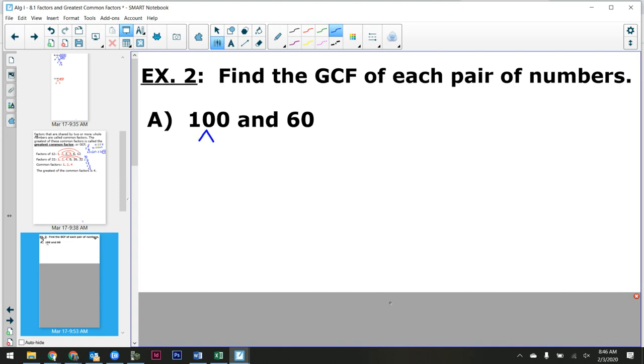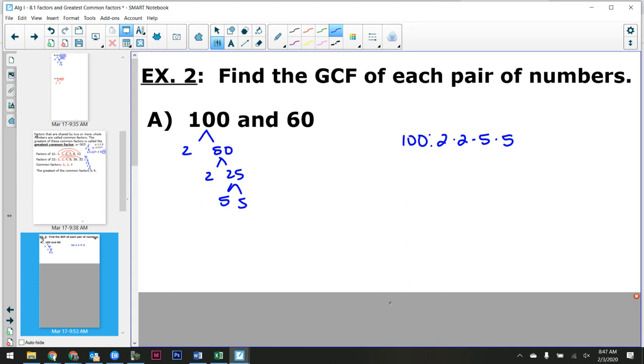Prime factorization of 100 is 2 and 50. You'll notice I always like to go by 2s. It's just habit. 2 and 25, and then 5 and 5. So the prime factorization of 100 is 2 times 2 times 5 times 5. Is everybody following me there?